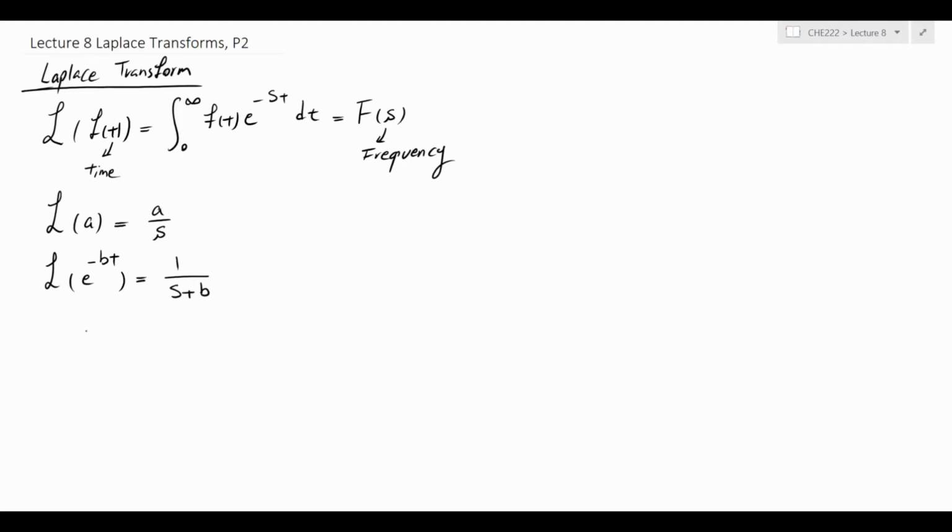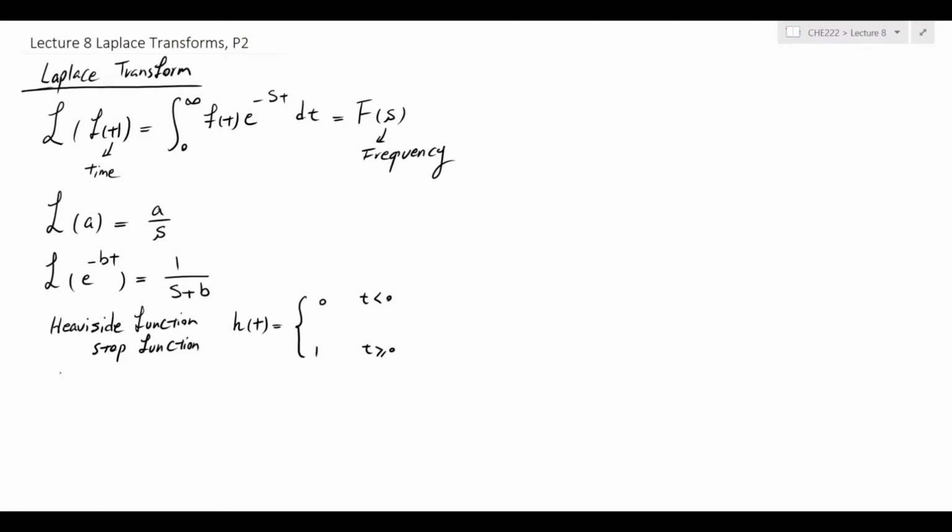Another function that is commonly used in process dynamics is the Heaviside function or step function, which is often denoted by h(t), and it is defined as 0 for any negative value and 1 for any positive value.